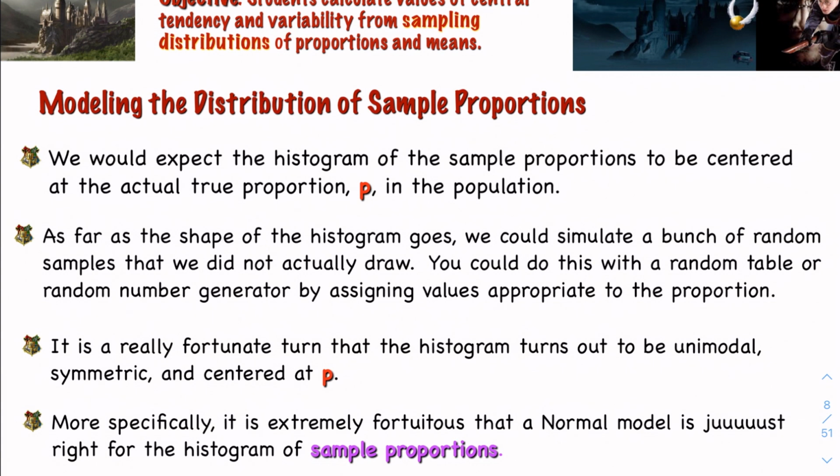As far as the shape of the histogram goes, we could simulate a bunch of random samples that we did not actually draw. You could do this with a random table or random number generator, as we've done before, by assigning values appropriate to the proportion.